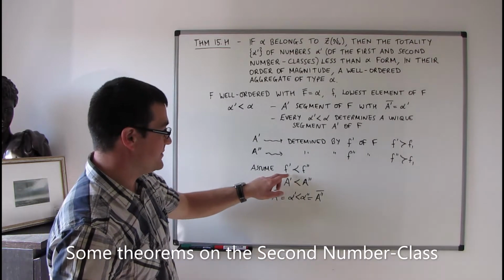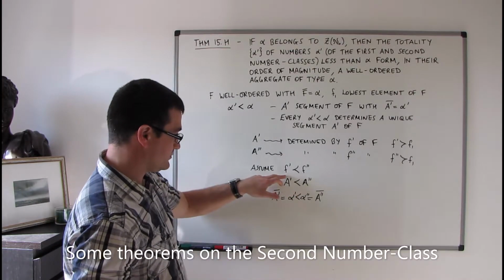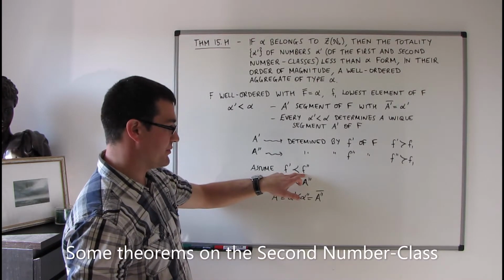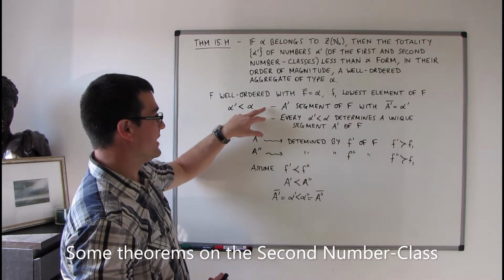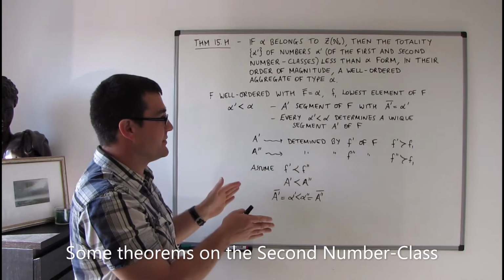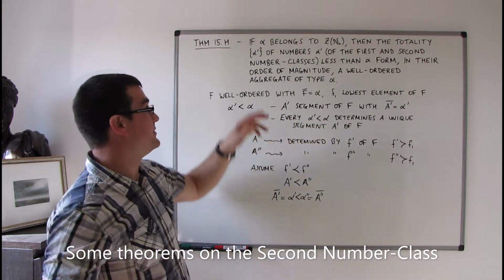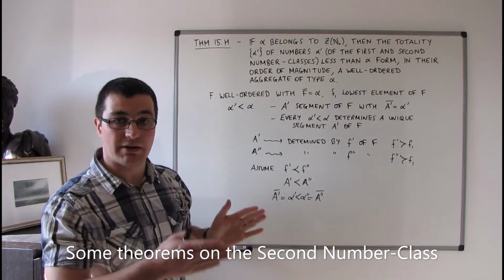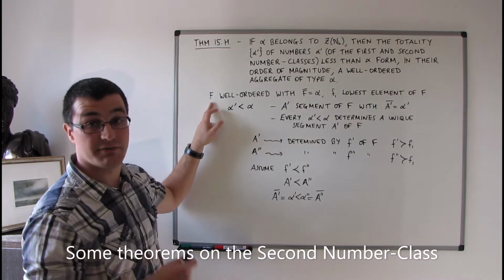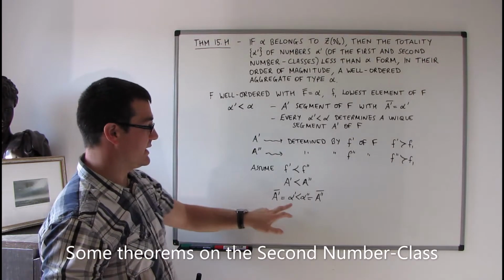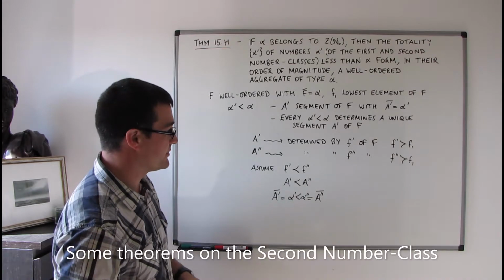So since these elements f' and f'' uniquely determine segments, then rather than thinking about this as a correspondence between segments of F and the elements of our aggregate, I can think about it now as a correspondence between some of the elements of F and the elements of our aggregate instead, this alpha prime and alpha double prime.